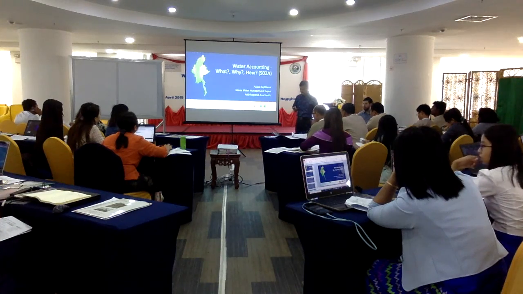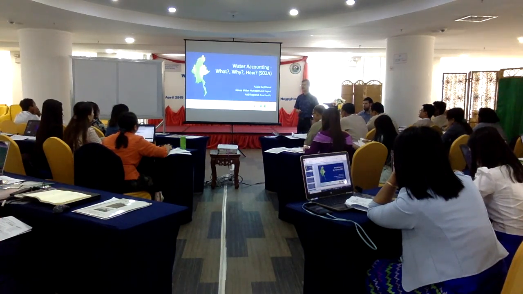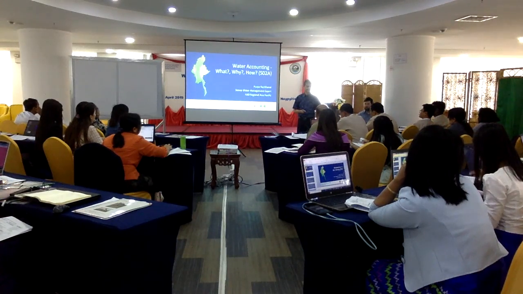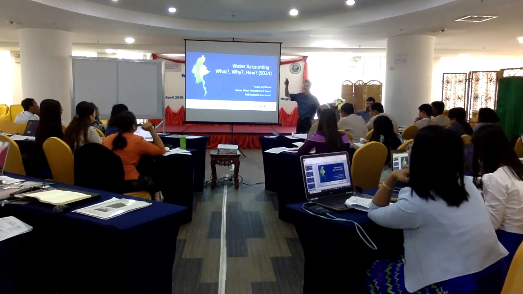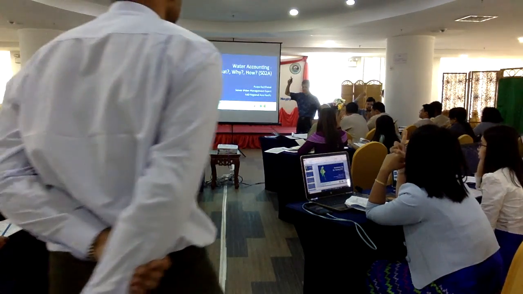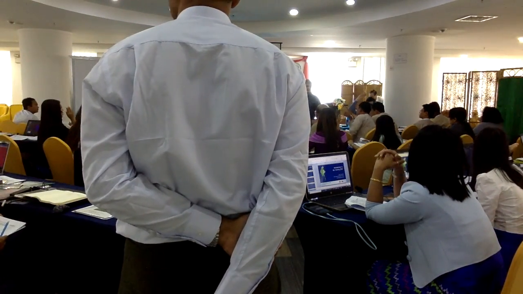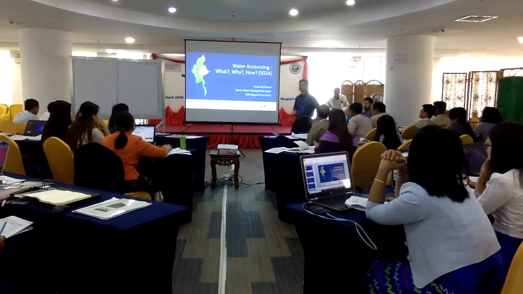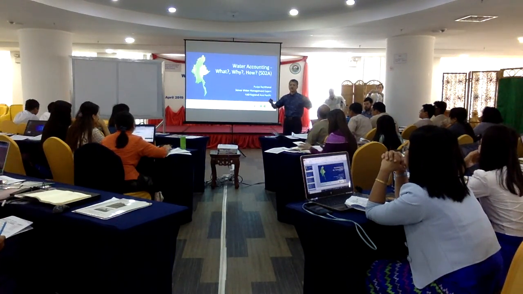So, how many of you know about the hydrological cycle? Can you raise your hand? How many of you know what a hydrological cycle means? Okay, hydrological cycle. That means, first, somewhere water starts.